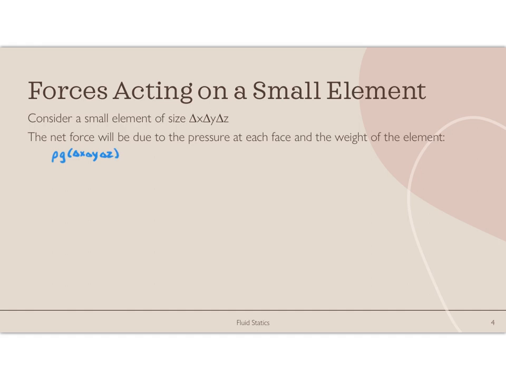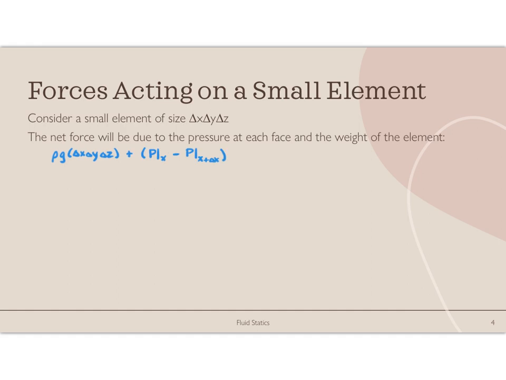So we have one face oriented perpendicular to the x-axis, one to the y-axis, and one to the z-axis. If we look at those, there's going to be one at point x and one at x plus delta x, the two facing sides, and those pressures will be in opposite directions to each other.